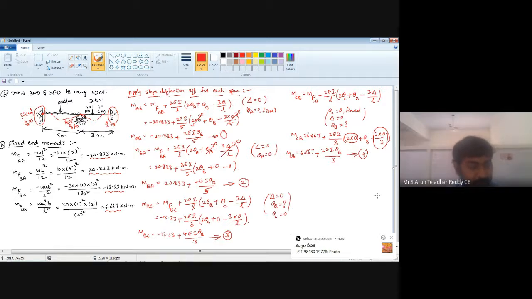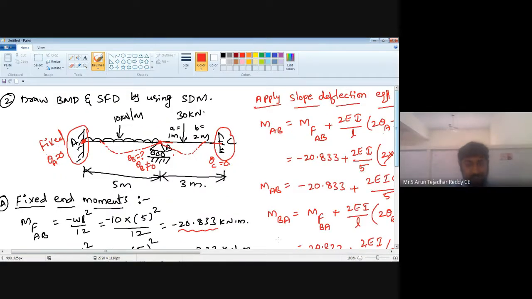In the second step we have completed 4 equations. Now what is the third step here? Third step is the joint equilibrium equation. So in this given diagram, how many joints are available?